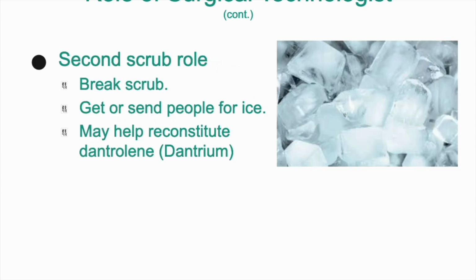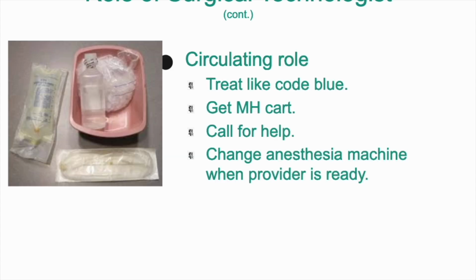In the second role, if necessary, you may break scrub to assist in getting ice, bringing in more help, or reconstituting dantrolene if no one else is available, such as during on-call situations. In the circulator role, we are tasked with setting up ice bag lavages for areas like the bladder, the rectum, abdomen, and again, reconstituting dantrolene for administration.